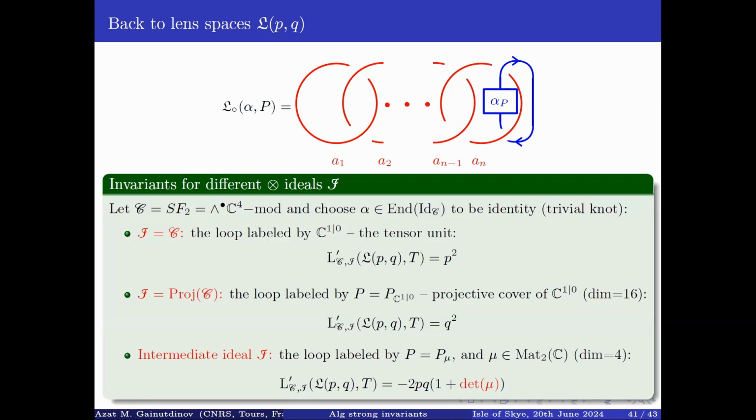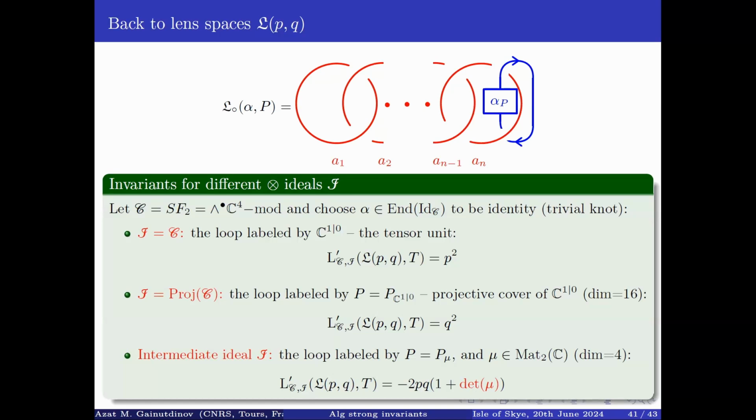And the invariant of a link, for example, using the trace of such an ideal, as you can see in this example, sees some of the internal structure. The ideal is fixed, but it will distinguish objects with the same composition series in the same ideal.